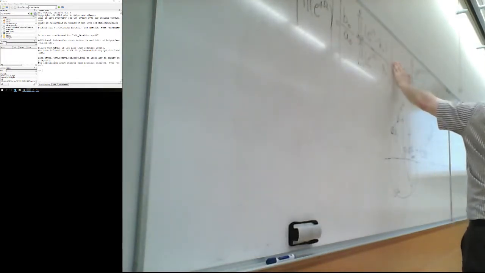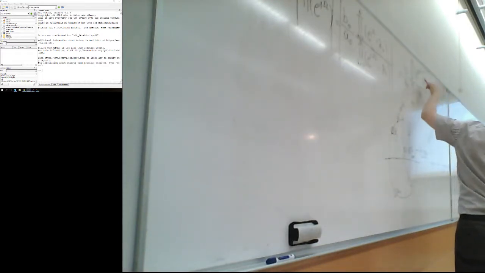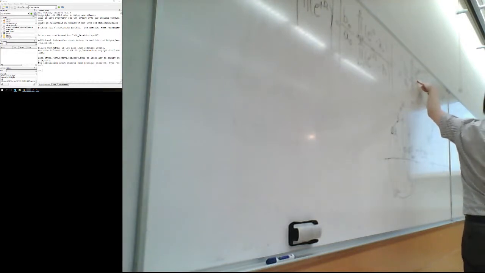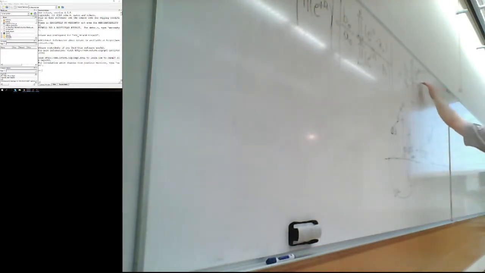You can take this one inside of that product, and that's actually a distance. So the numerator is the product of distances to the zero points, and the denominator is the product of distances to the poles. Good.